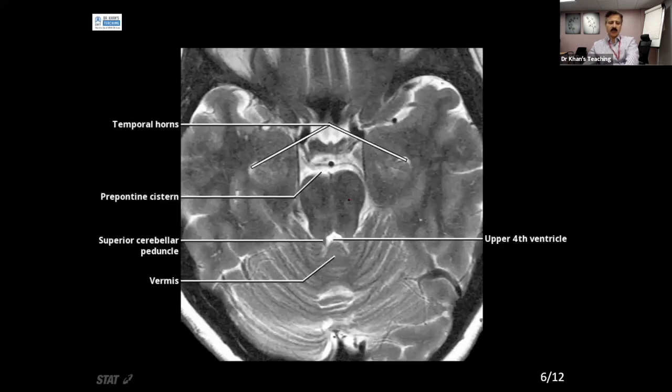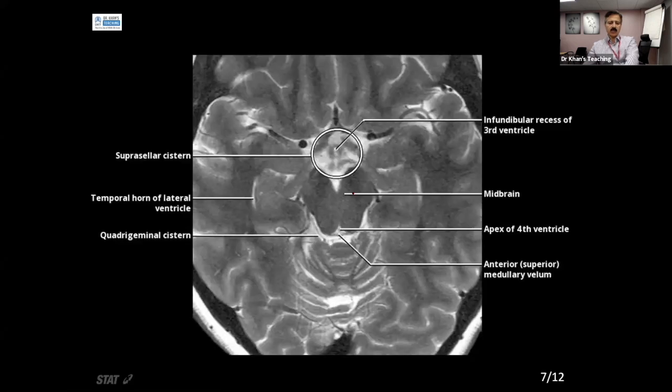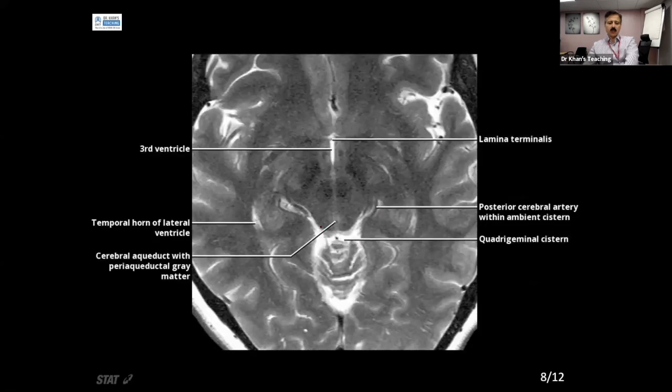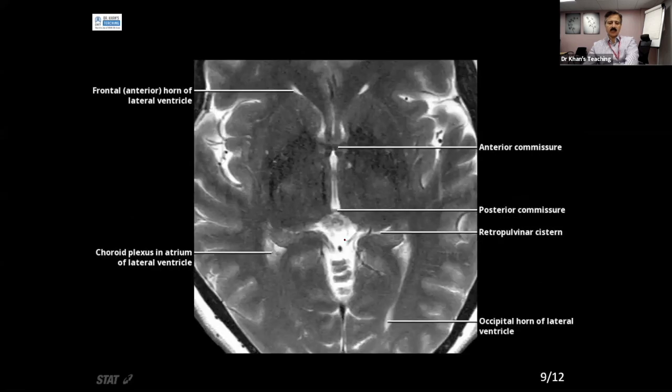So we are coming superior to the level of the pons, and here we are. Now this is the interpeduncular cistern and the suprasellar cistern, and this thing is of course the ambient cistern, and this is quadrigeminal cistern. Quadrigeminal cistern is still there. We go more superiorly.